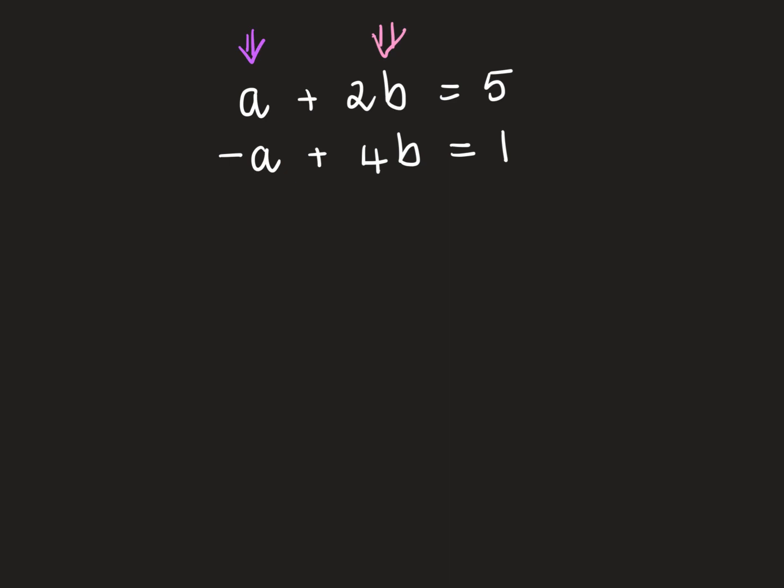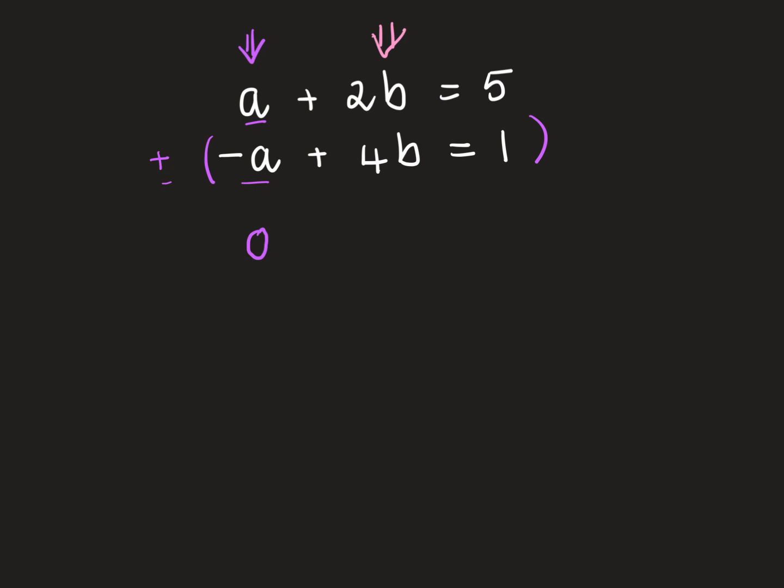Now, what I'm looking at is I've got A and I've got negative A. I think to myself, if I added up these two equations, what would happen to the A's? A plus negative A, that's the same as A minus A, which gives me 0 A's, or just 0.